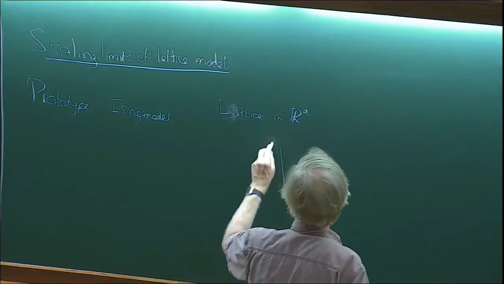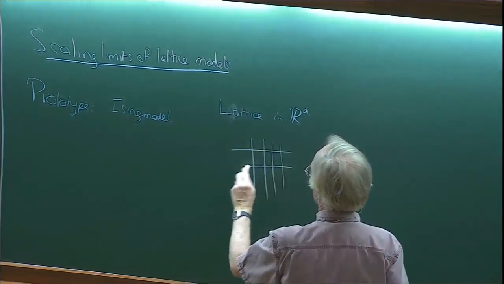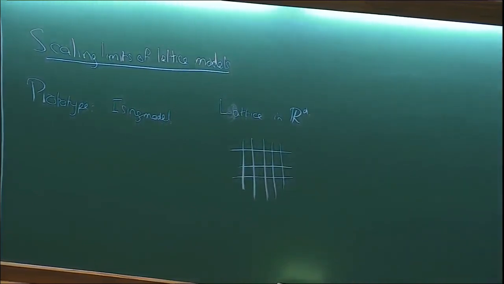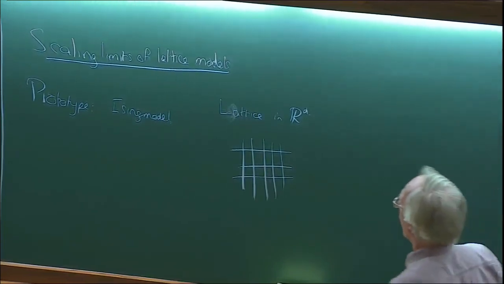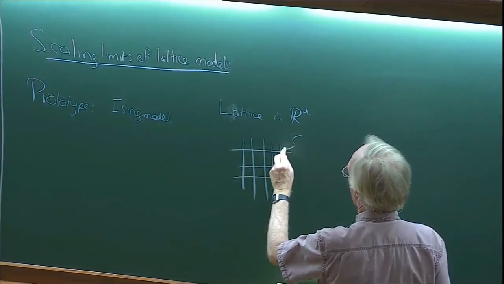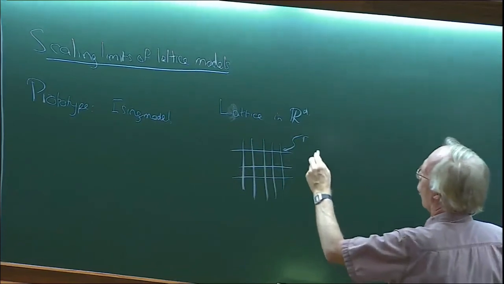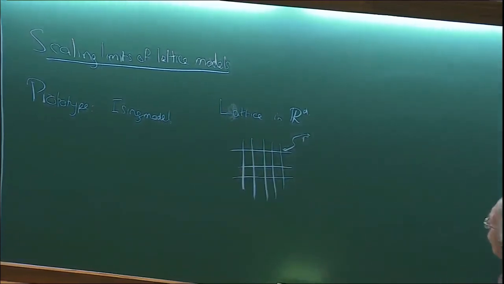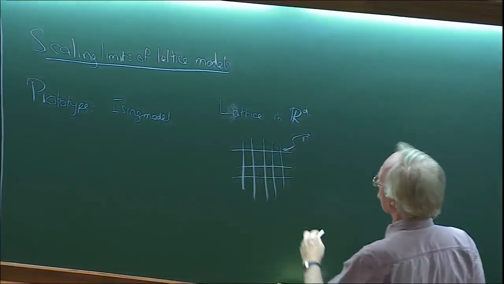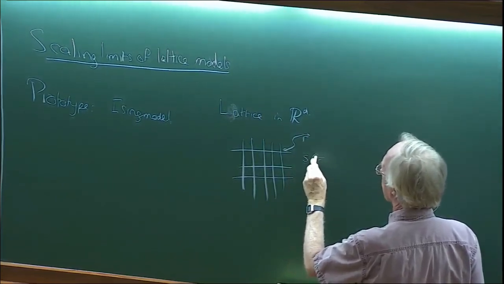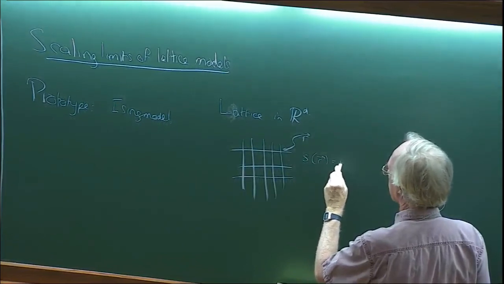So here's a lattice. Of course, on the blackboard, I can only draw the case d equals 2, but you can imagine some d-dimensional hypercubic lattice. And the sites of this lattice are labeled by R. R is a vector, but I won't always put the vector notation on it. And then at each site of this lattice, we have an Ising degree of freedom, S(R), that can take the values plus or minus 1.